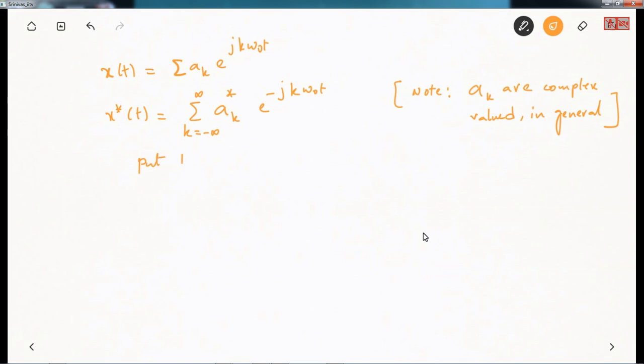Let's put k equal to minus m, so that x conjugate of t is equal to the sum from m equal to minus infinity to plus infinity of a_(minus m) conjugate e^(jm omega naught t). So these are the Fourier series coefficients. So x conjugate of t will have its Fourier series coefficients as what? As a_(minus k) conjugate.